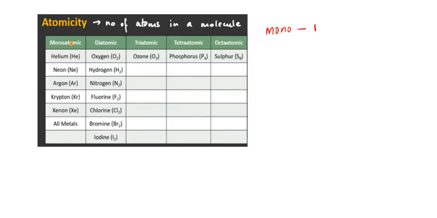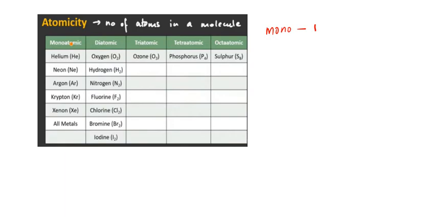Here, monoatomic elements are found: helium, neon, argon, krypton, xenon, and all metals. Then we have oxygen, hydrogen, nitrogen, fluorine, chlorine, bromine, and iodine.